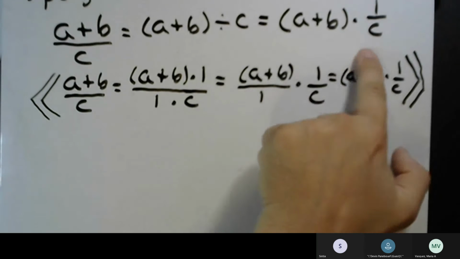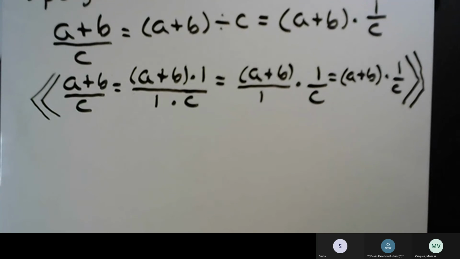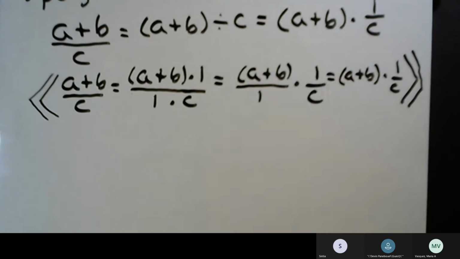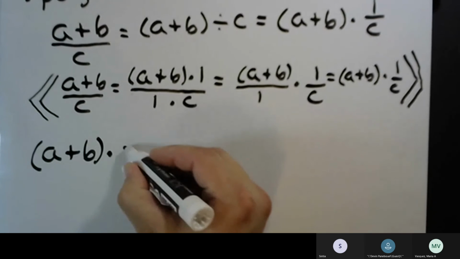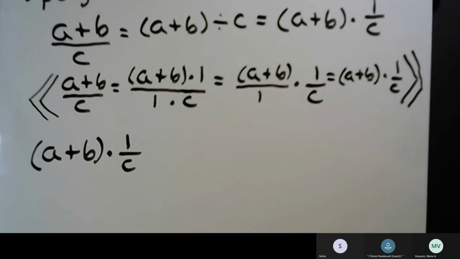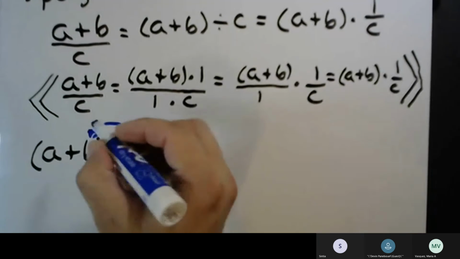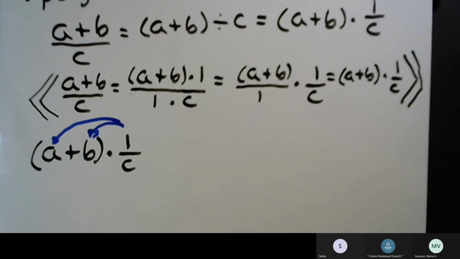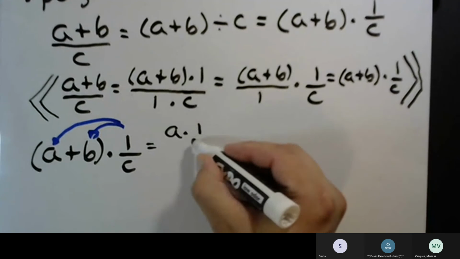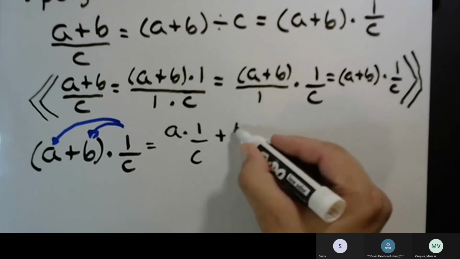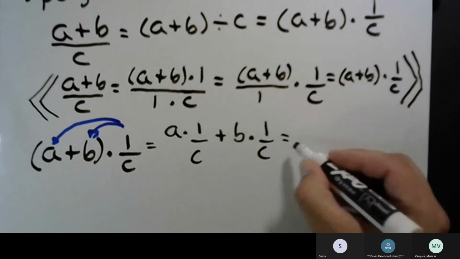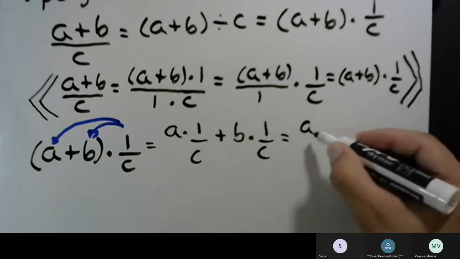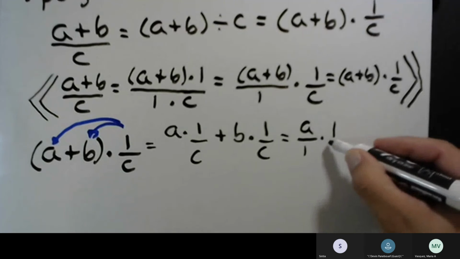So now that we have this, and this is why it's true, what we can do is now distribute the 1 over C. And again, we're treating A and B as if we can put those invisible ones.